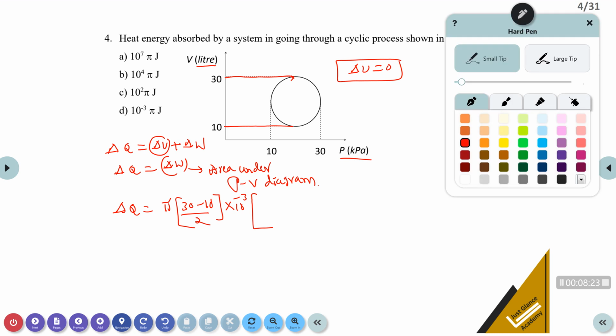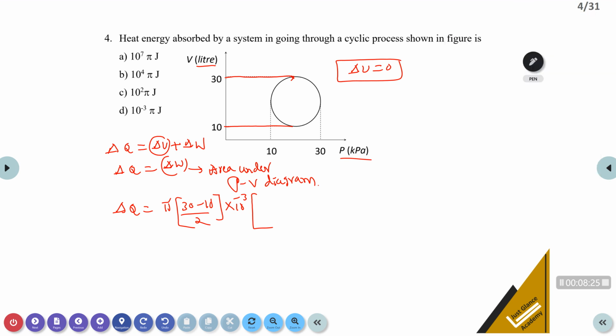Next, for this line, this also is (30 minus 10) divided by 2. We know the area formula is pi r squared, into 10 to the power of 3, since pressure is in kilopascals. Now delta Q equals pi into (30 minus 10 is 20, divided by 2 is) 10, into 10.